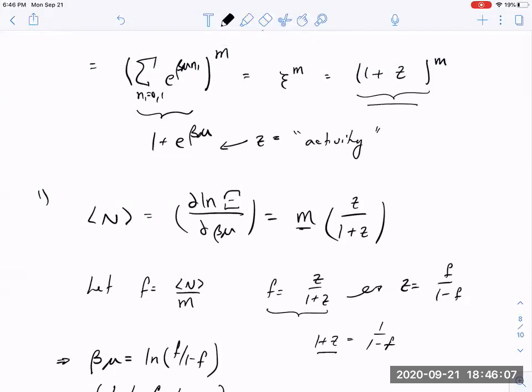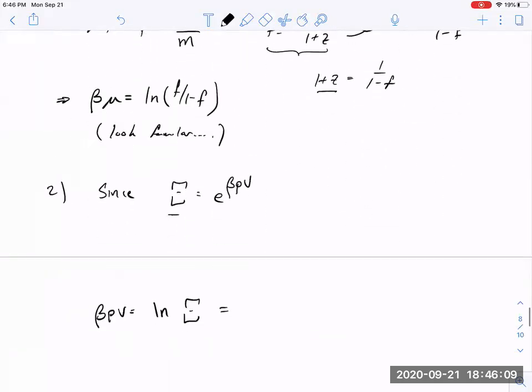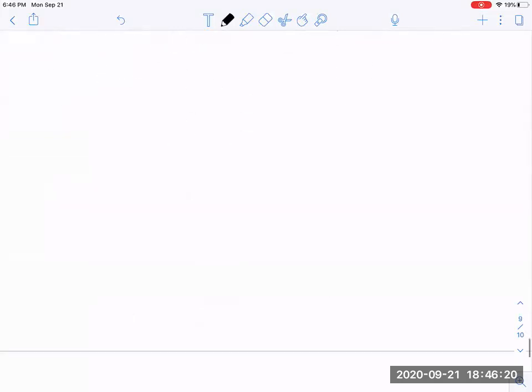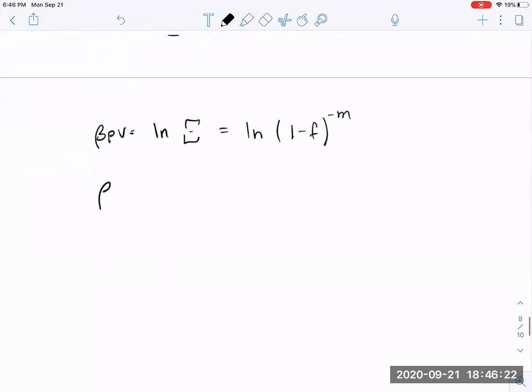And so we have log of 1 minus f to the minus M. So beta PV is equal to minus m log 1 minus f.